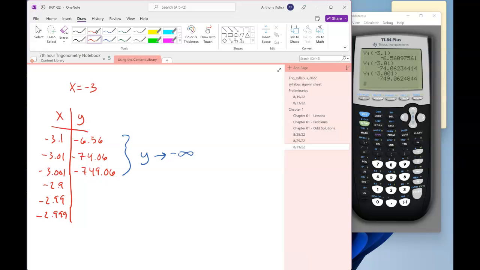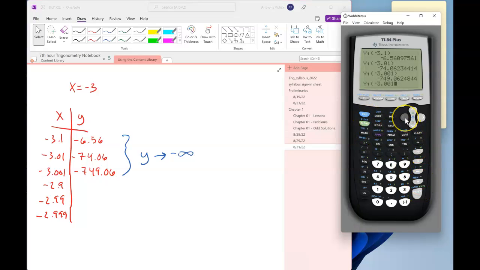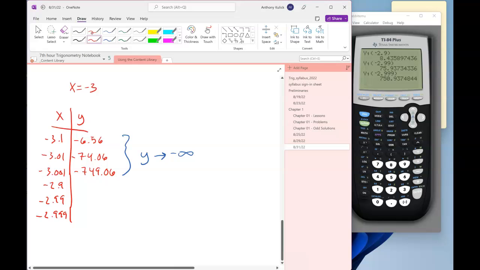Let's see what happens as we approach negative 3 from the right. So I'm going to just second enter, go back and edit what I have. And so I have these 3 values for y as I'm approaching negative 3 from the right.